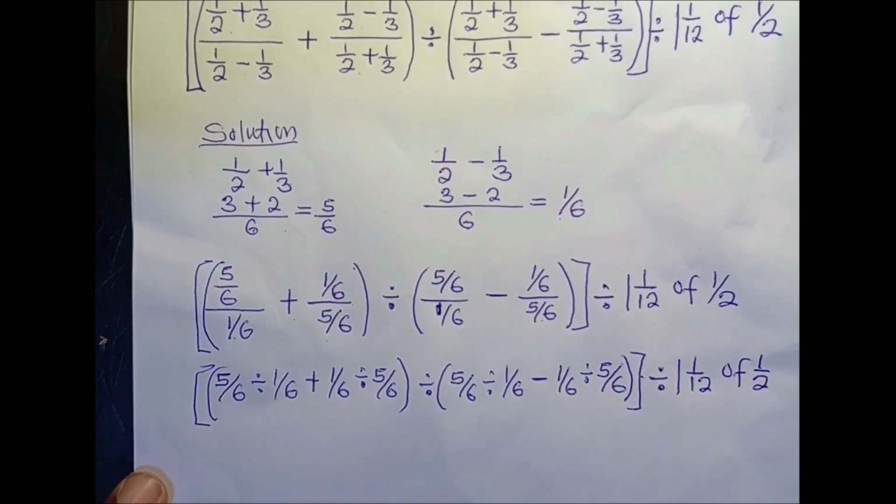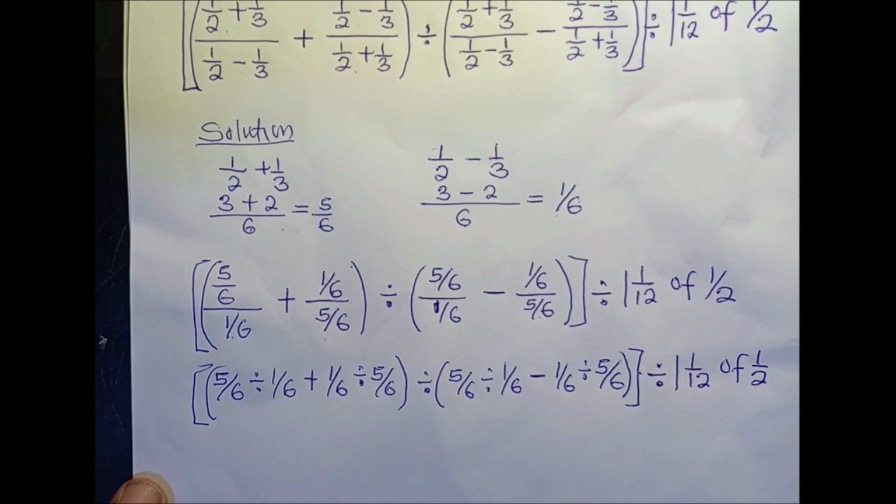All right. So you realize that when we divide, we can simplify this division of fraction by converting the division sign to multiplication and take the reciprocal of the fraction that comes after the division sign.